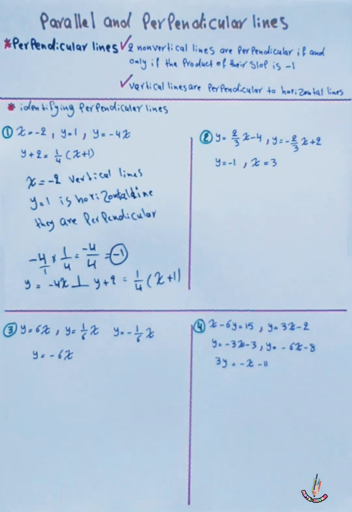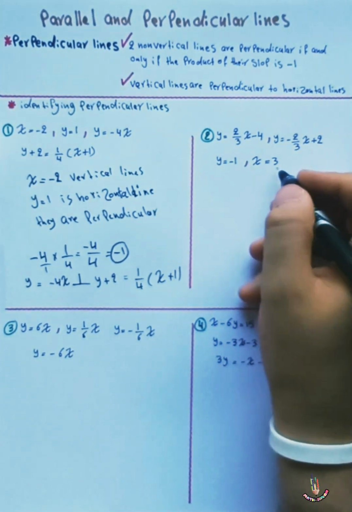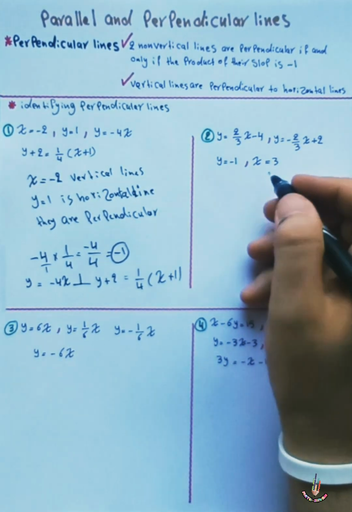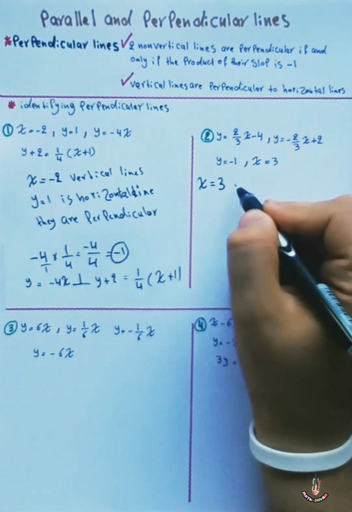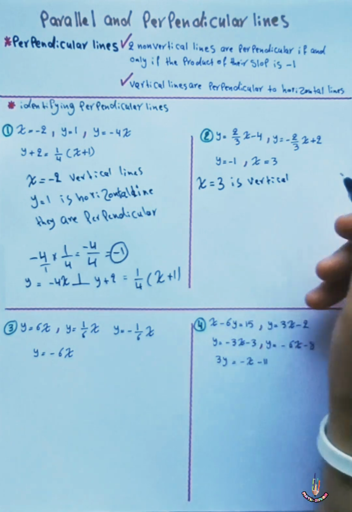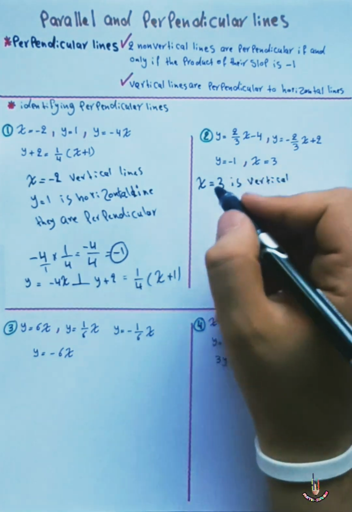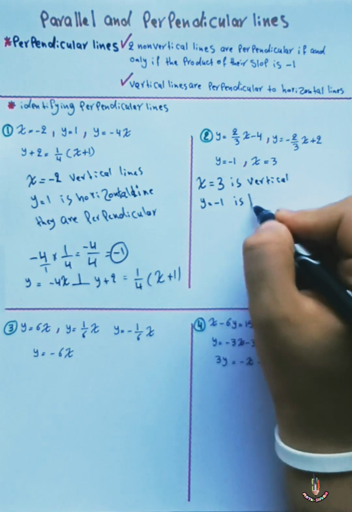Example number 2, we have these 4 lines. So x is equal to 3 is a vertical line, and then y equal to -1 is a horizontal line.